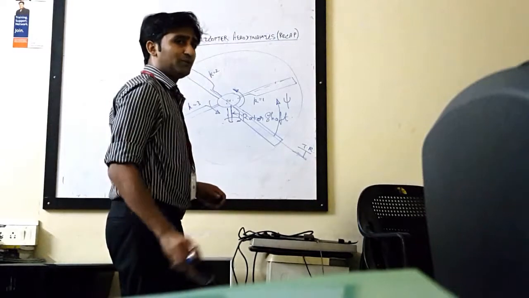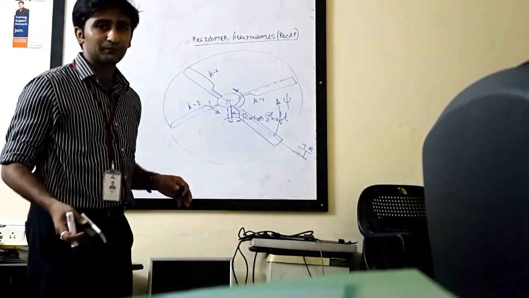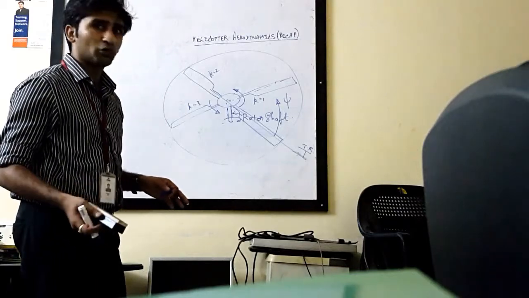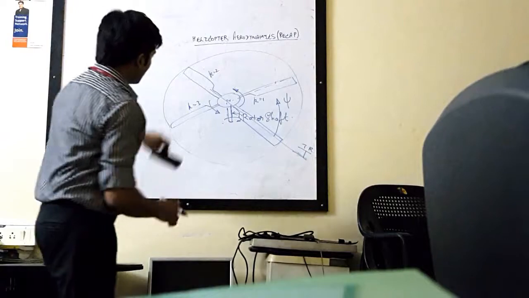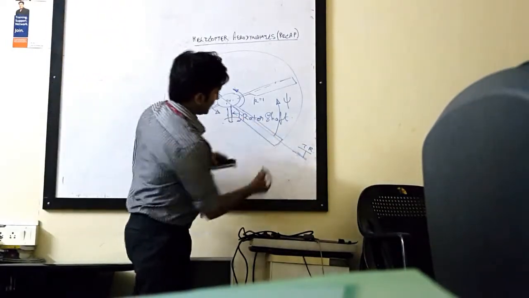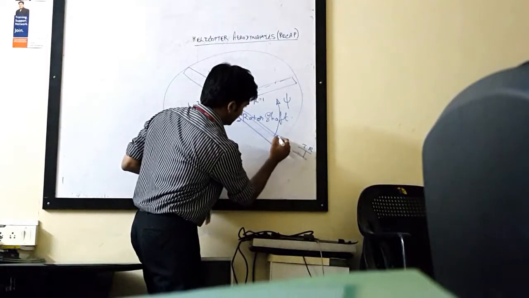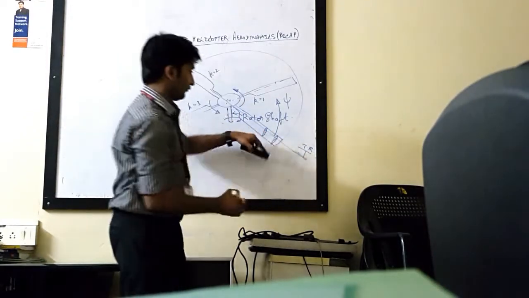Okay, so now we'll come to a well-known problem which you already understood from the stall, that is wingtip vortices. Like wingtip vortices, you have rotor tip vortices. When it is rotating like this, you have an airfoil.